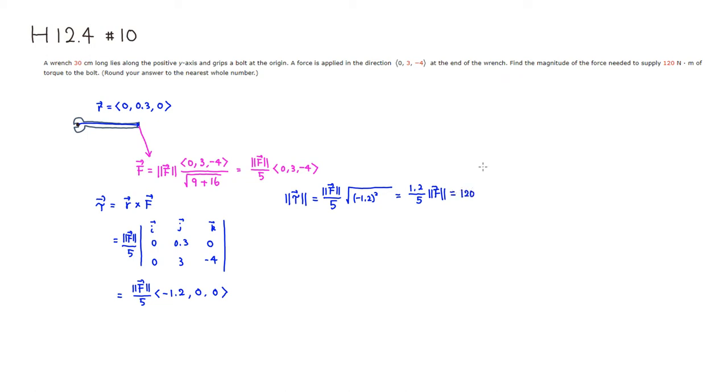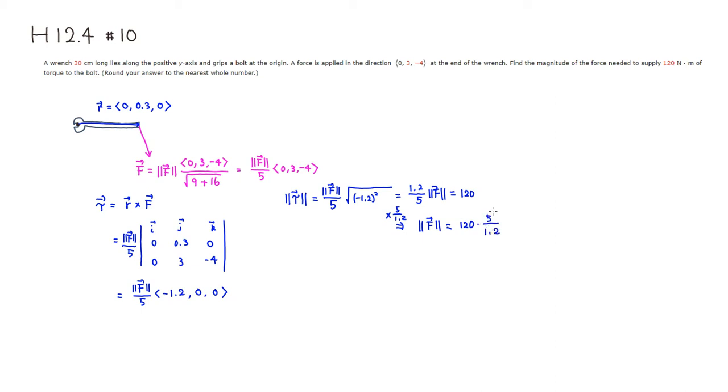And we want this to be 120. So we multiply by 5 over 1.2, so that we can isolate the magnitude of the force. So 120 times 5 over 1.2.